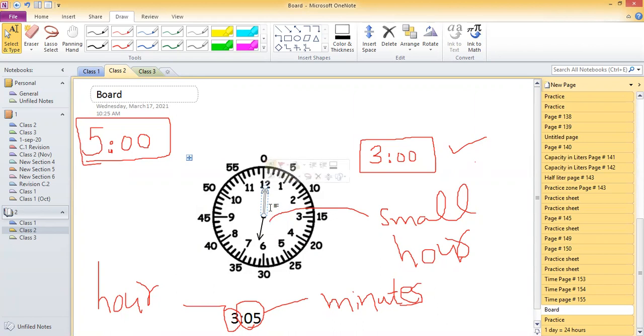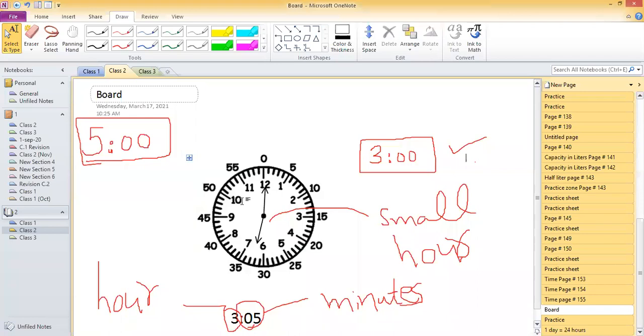Maybe some minutes must have passed here, but if I ask you, the hour will be 6. Until this hour hand reaches 7, you will not say it is 7. Even if it reaches here, you can say it is still 6 o'clock. Until it reaches 7, it will be 6 o'clock, right?